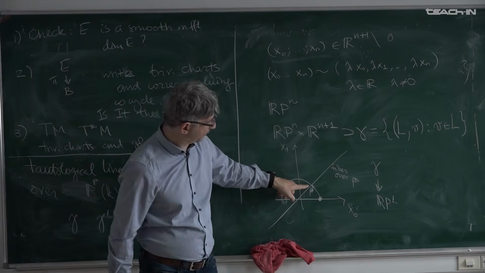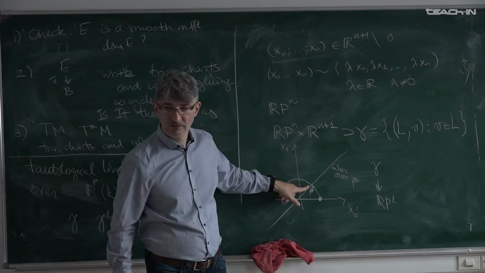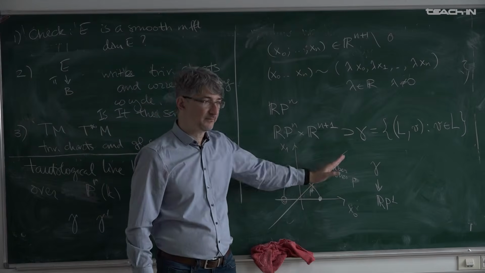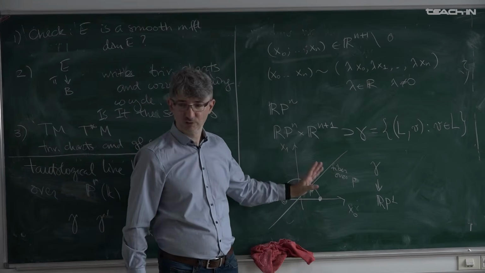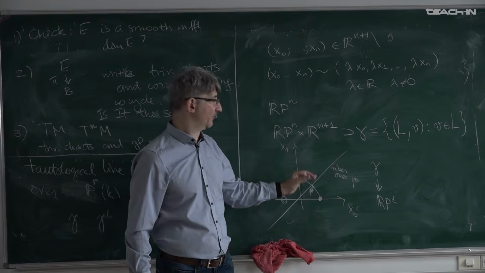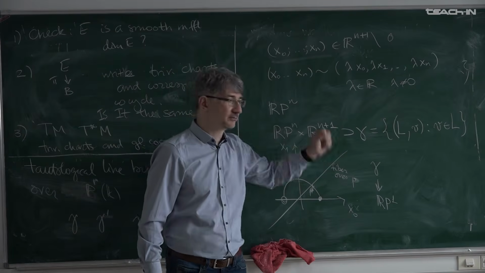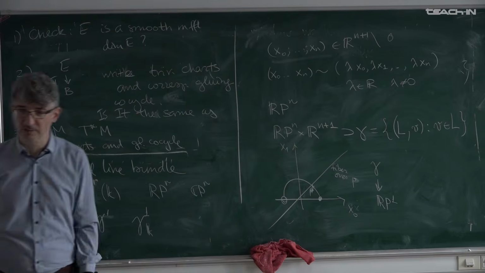This is a point P of my projective space. It is represented by a line. And then I say, okay, vectors which belong to this line form a fiber of this gamma. It's a geometrical description.